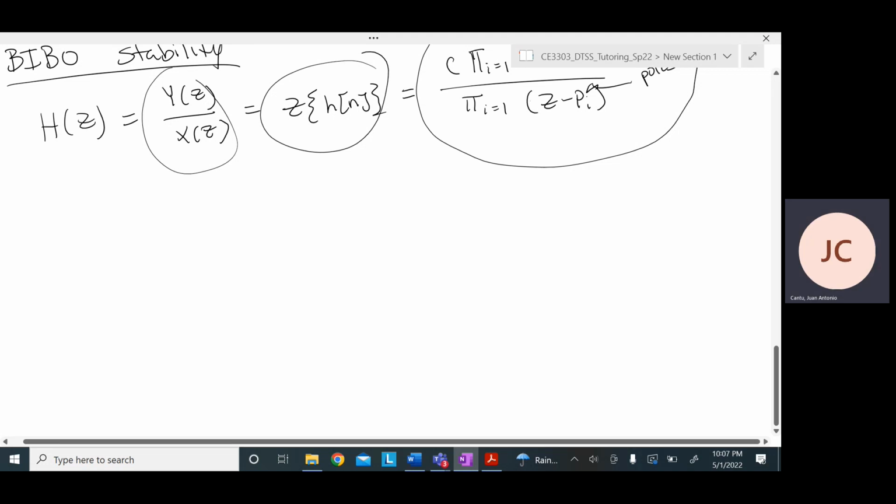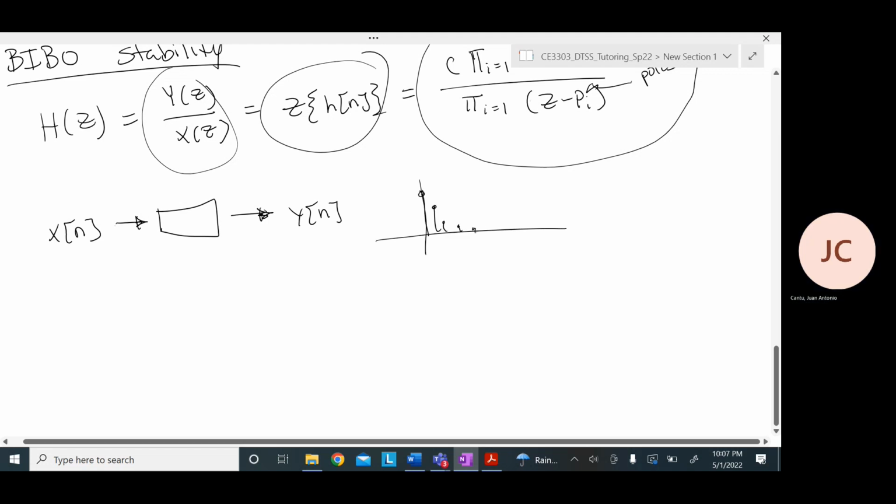So basically, if I put some signal x of n through a system, and I get some y of n function out, and the function I get is a decaying exponential, clearly it converges to 0. That means this system is stable, because it produces a stable output.